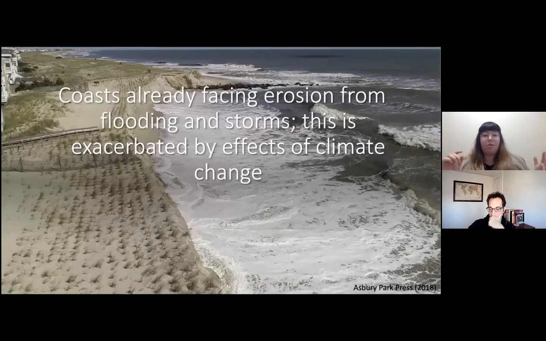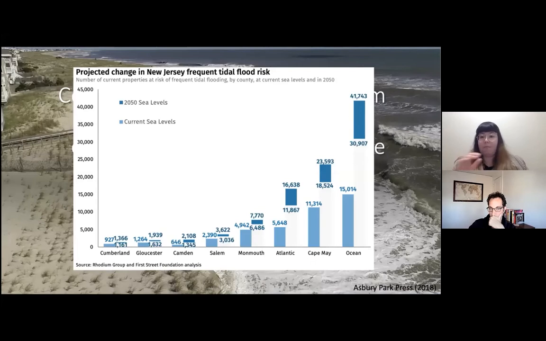Coastal areas are already facing erosion from flooding and storms, which is getting worse with the effects of climate change. This graph shows the number of current properties at risk of tidal flooding by county, both at the current sea level and at projected sea levels for 2050.